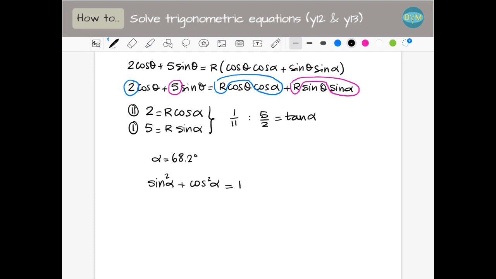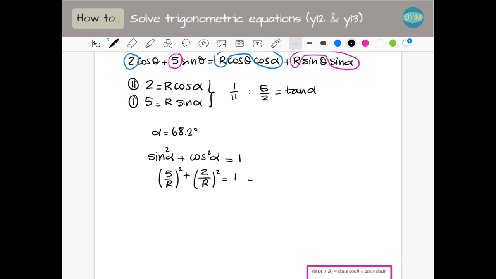Use my identity and write that cos alpha is 2 divided by r, so 2 divided by r squared, and sine alpha is 5 divided by r, so 5 divided by r squared, is going to be 1. And from here, you find r in an exact way in case you need.